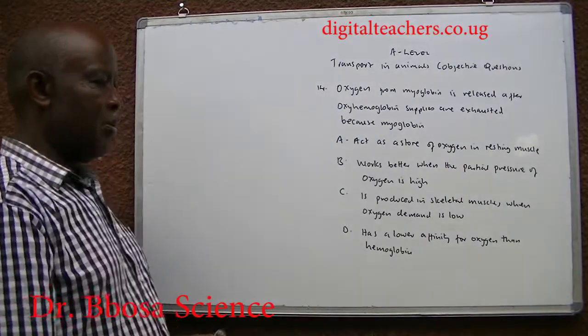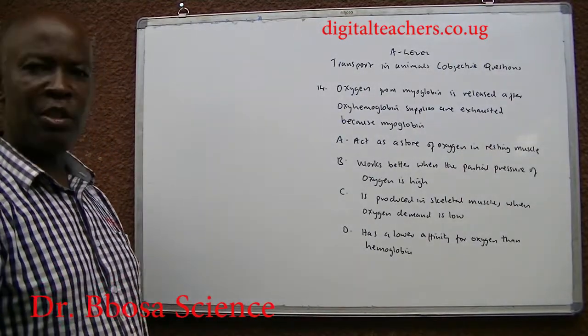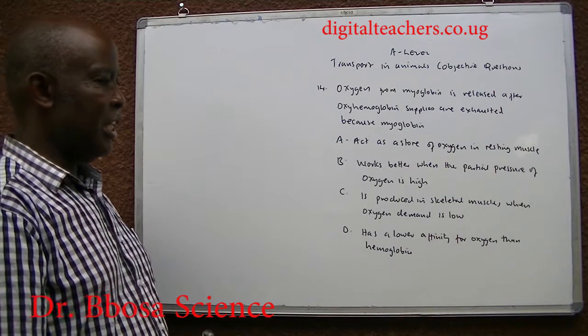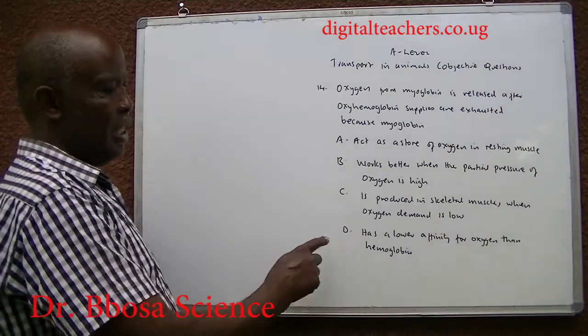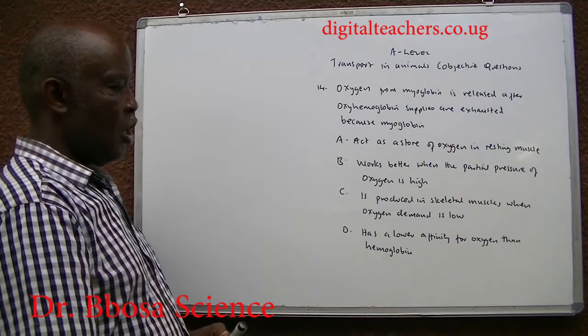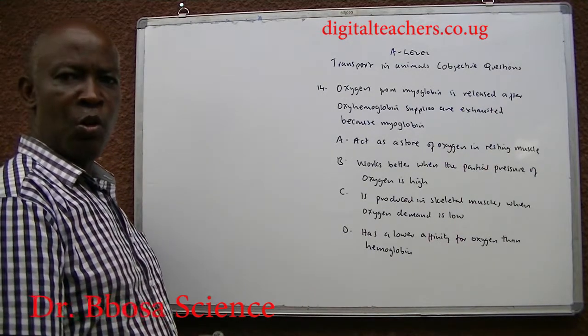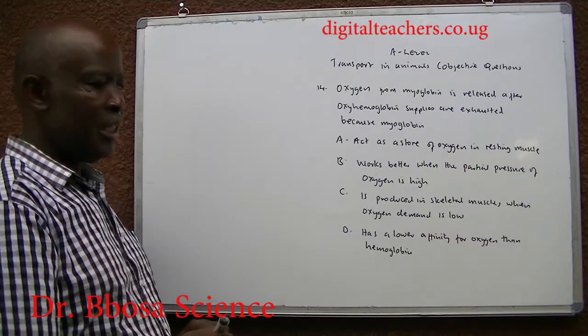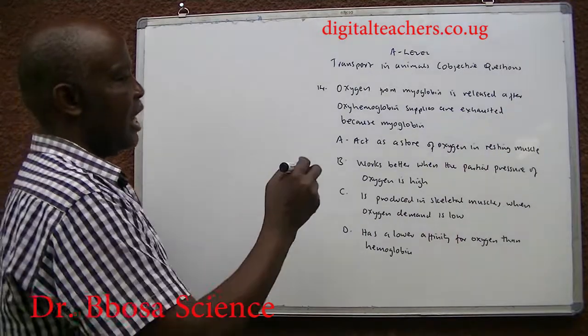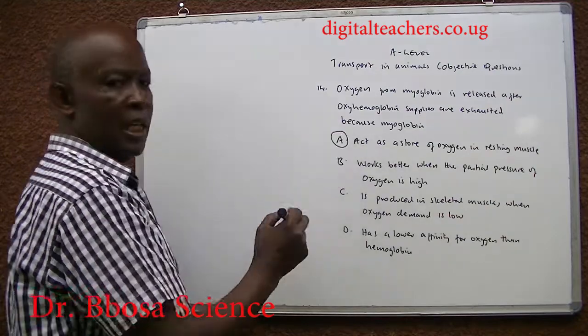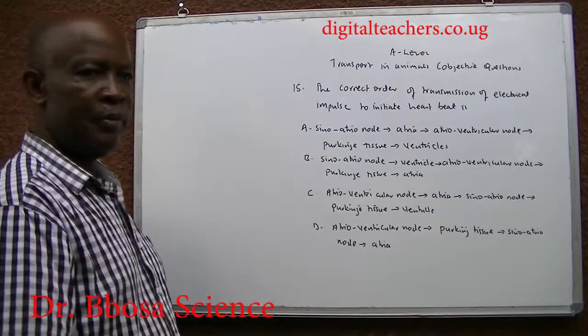C. Is produced in the skeletal muscles when oxygen demand is low. D. Has lower affinity for oxygen than hemoglobin. You can pause and answer. The answer is A.